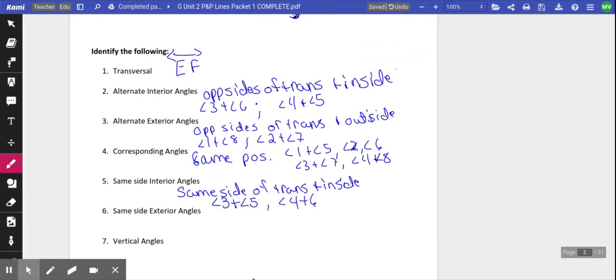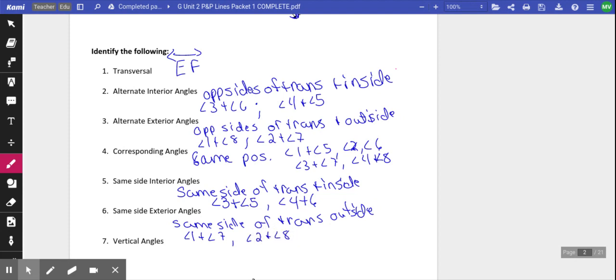And then same side exterior are on the same side of the transversal and outside. So these are 1 and 7, and then 2 and 8.